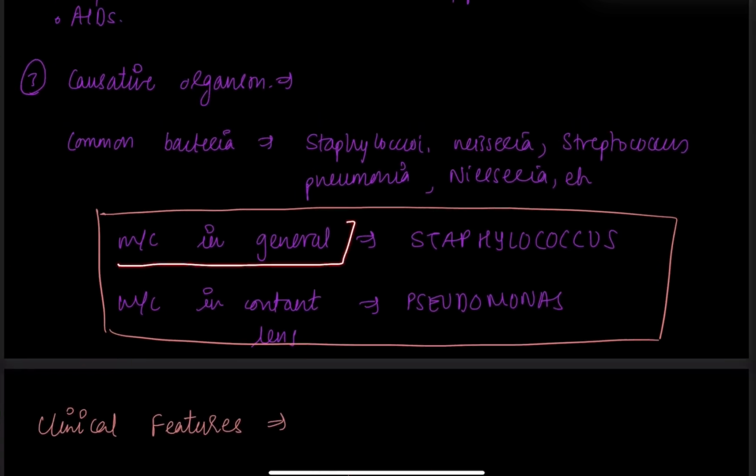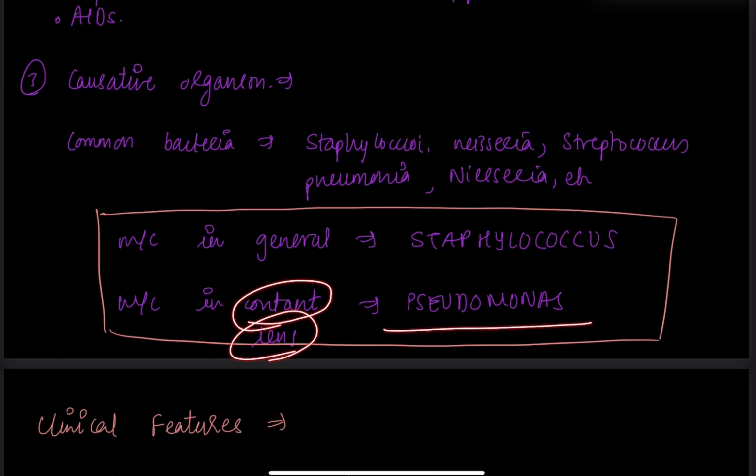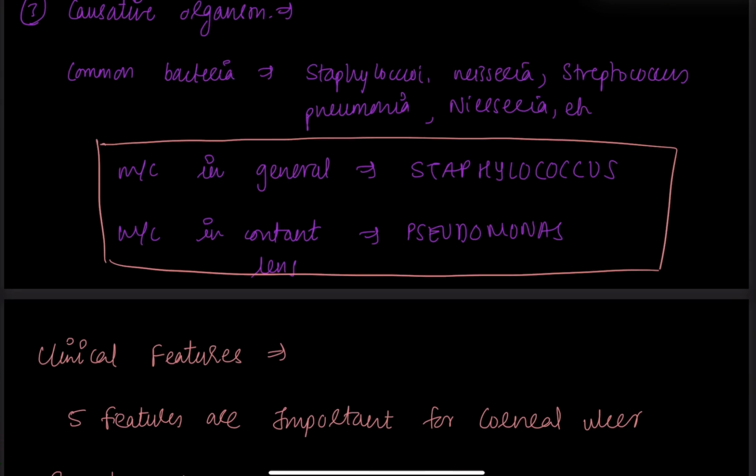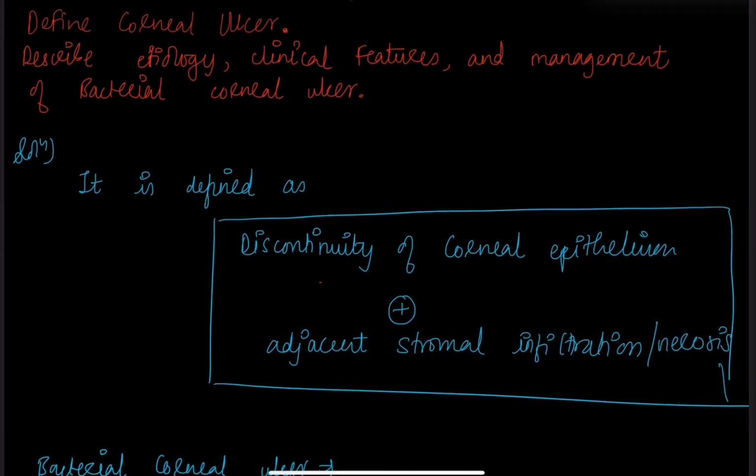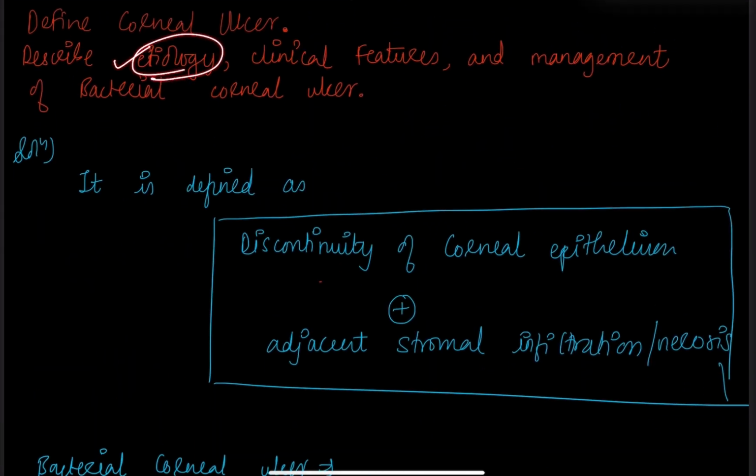The most common organism in generalized bacterial corneal ulcer is Staphylococcus, and when it is related to contact lens, it's Pseudomonas. The first part of the question was to get the etiology. Etiology we have done. This is a basic LAQ question which can be asked in your exam for 10 or 12 marks depending on your institute.